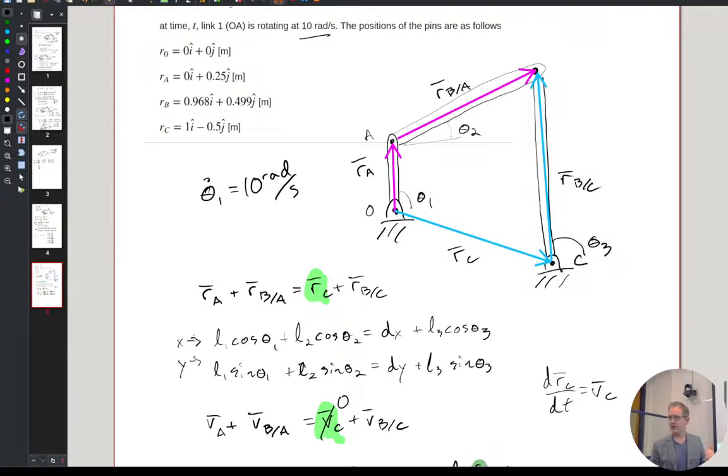What about for BC? That's B relative to C. What is that? Triangle. Trying to figure out sine and cosine of theta 3. Do we know? I saw some people working on it. What did you come up with?